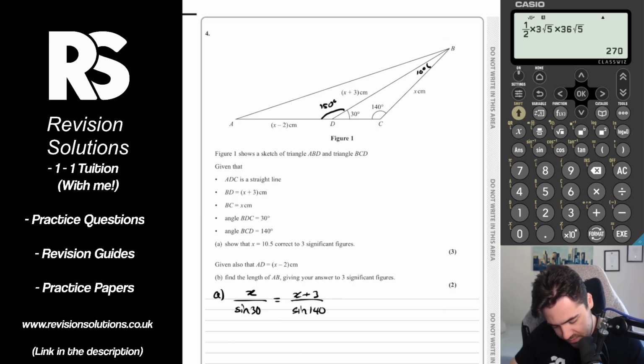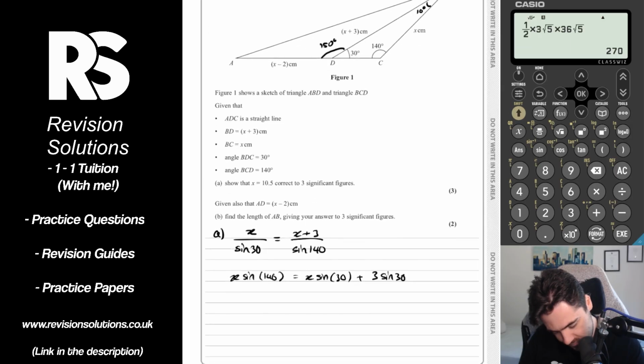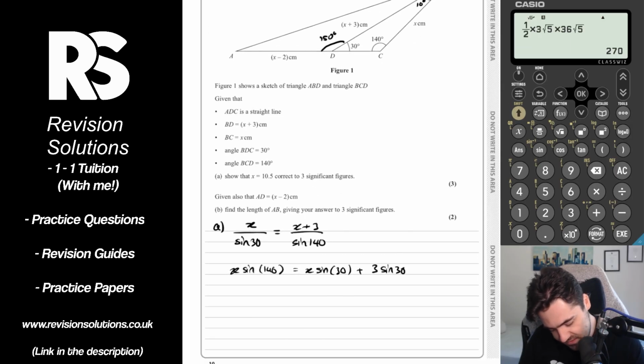Then let's multiply up to get rid of the fraction. So multiplying both sides by sine 30 and then sine 140, we'd have x times sine 140 equals x times sine 30 plus 3 times sine 30. Then if we bring the x's together and then we factorize, or let's just do it in 2 steps actually. So x sine 140 minus x sine 30 would equal 3 sine 30.